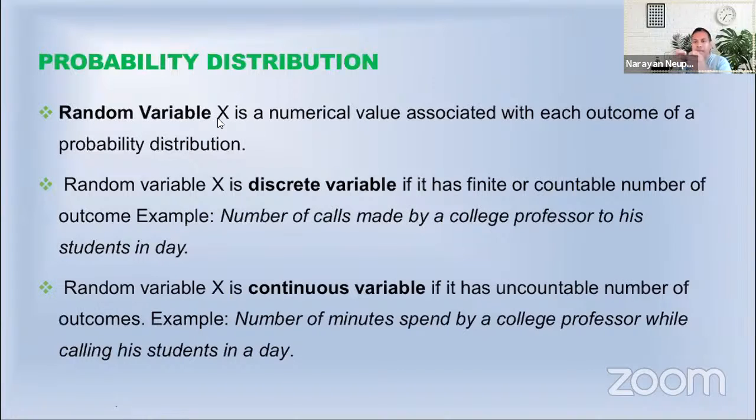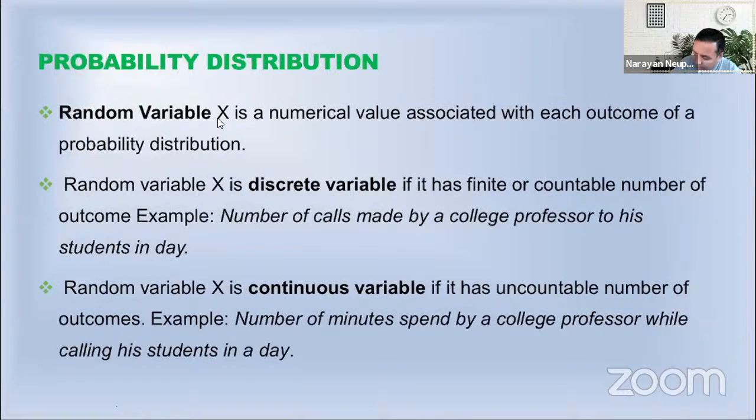For example, if I'm tossing 2 coins simultaneously, and I want to count the number of heads, I may get no heads, or I may get 1 head and 1 tail, or I get both heads. So this number X represents 0, 1, and 2 in this case.